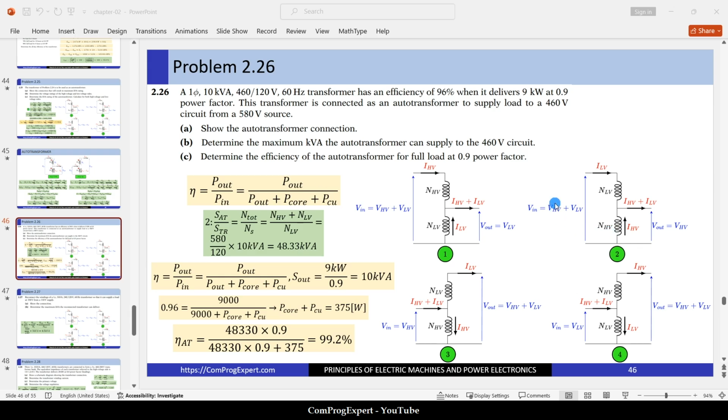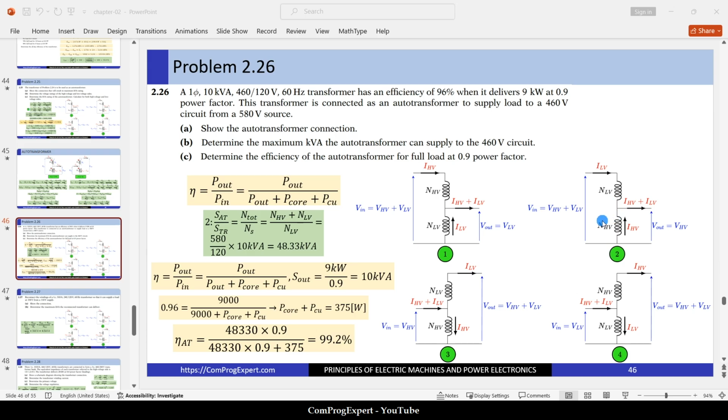So we have this situation for case 2. This is the value of the high voltage winding, and this is 120 volts for the low voltage winding. So the first case and this case are not possible. Case number 3 also is not possible, and we have case 2.